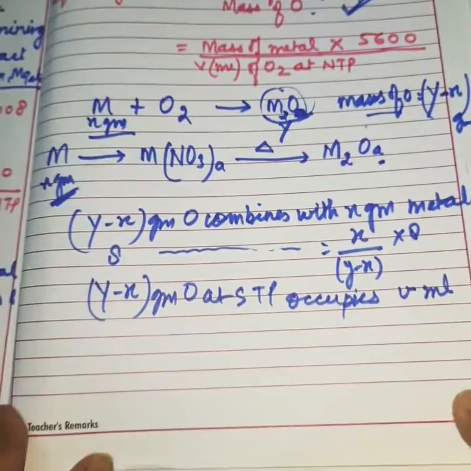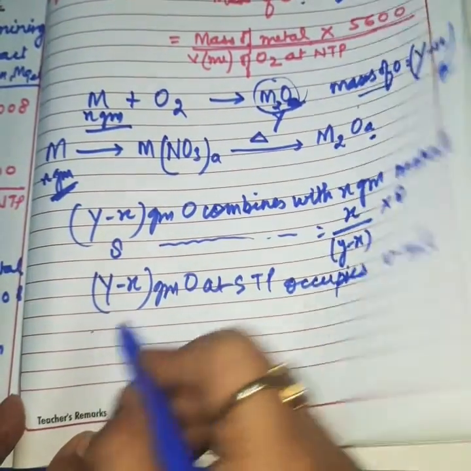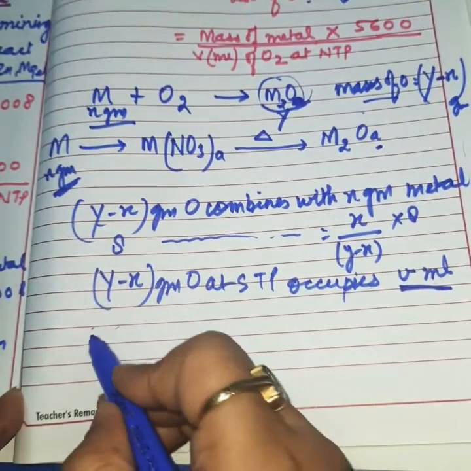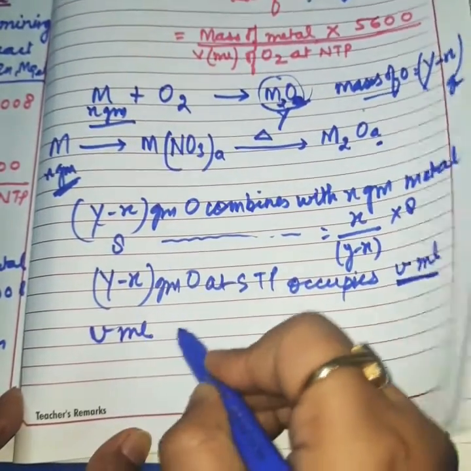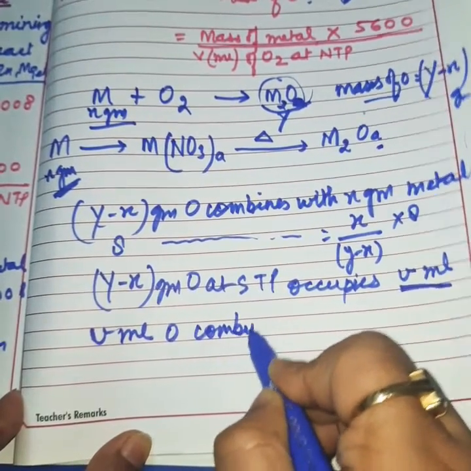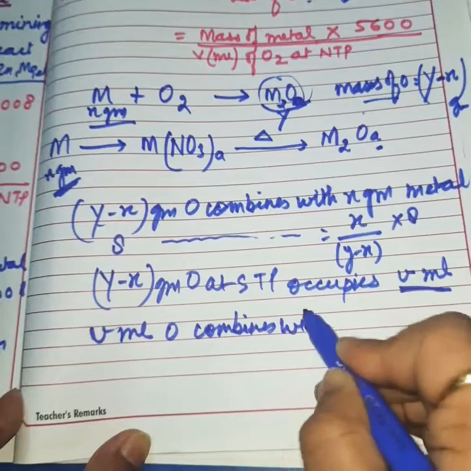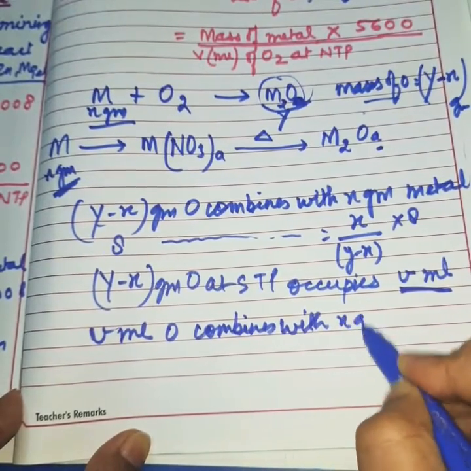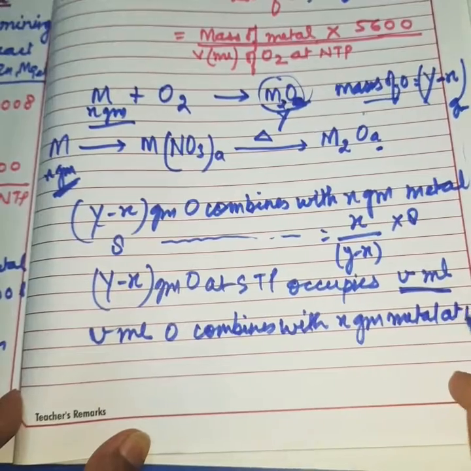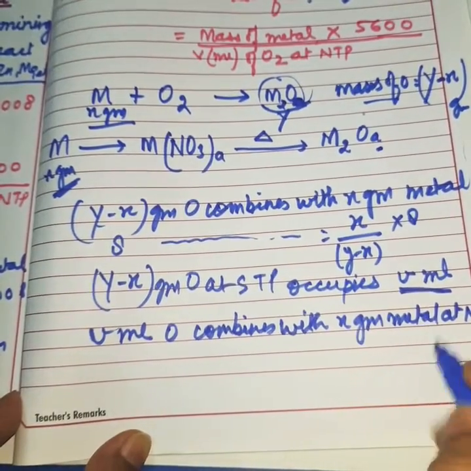So let's derive now. Now I'll write V ml, not Y minus X gram. Now V ml oxygen combines with X gram metal at NTP.